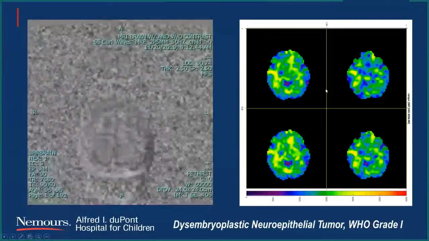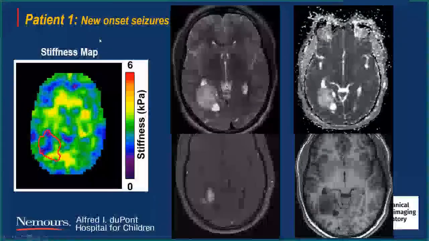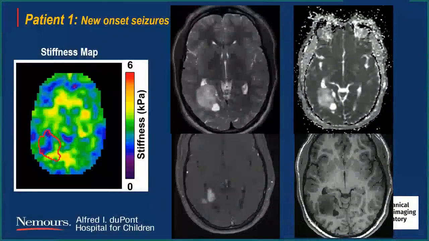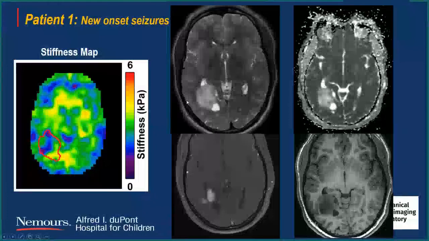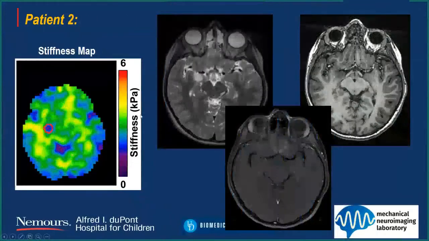So we'll just look at a few cases quickly. This was another, one of our first patients, who presented with new onset seizure. We found a mass in the trigonal region, which showed enhancement. There was clearly no restricted diffusion. And on stiffness maps, what you can see is that the tumor is very heterogeneous, has areas of decreased stiffness. Second patient, we just saw this image before.